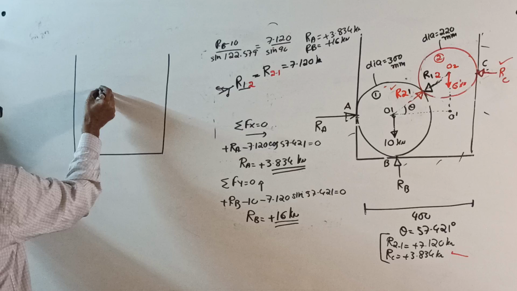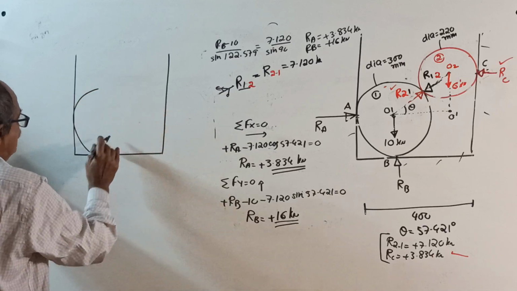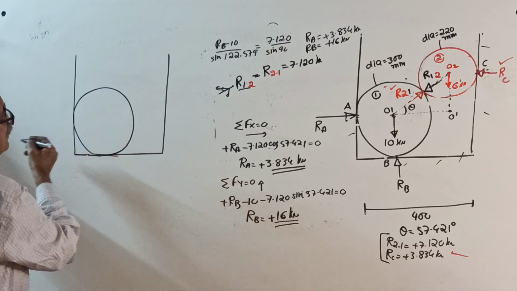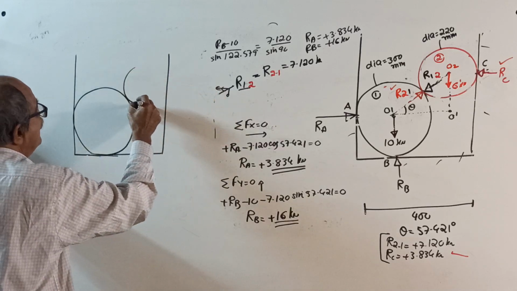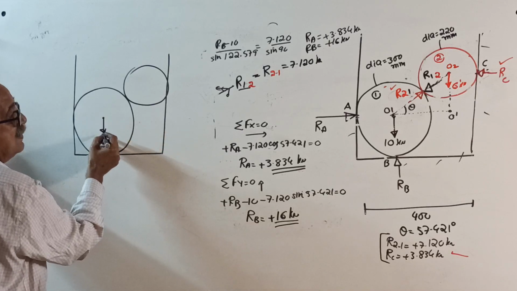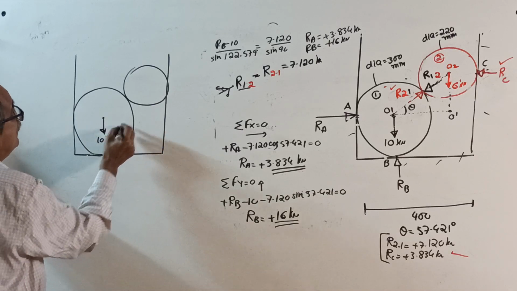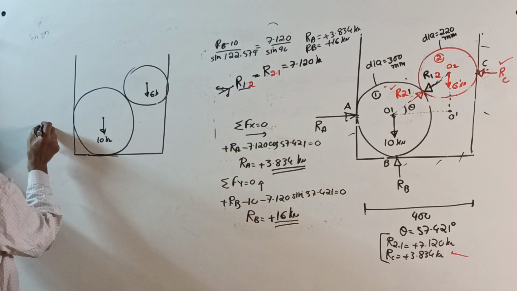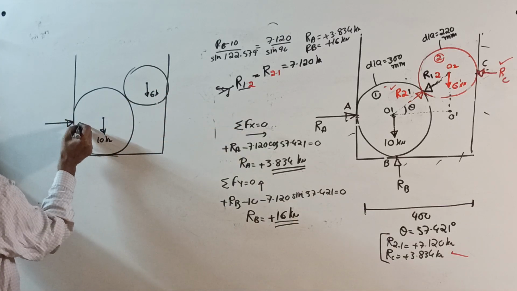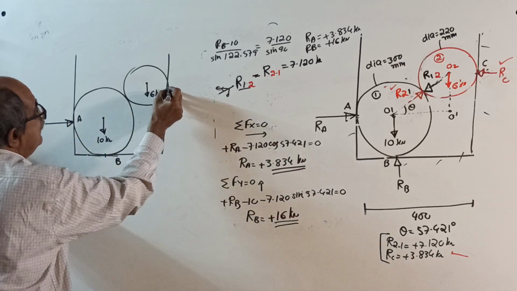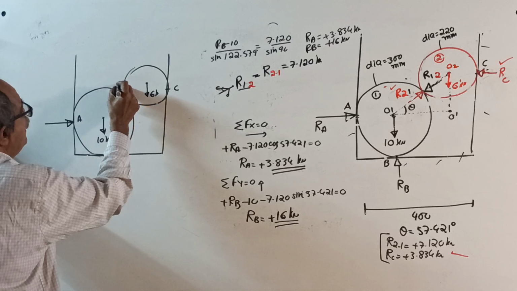There is one bigger cylinder here, one smaller cylinder here. This weight is 10 kilonewton. This weight is 6 kilonewton. There is a normal reaction here. This contact point is A, this is B, this is C, this is the D point I told.